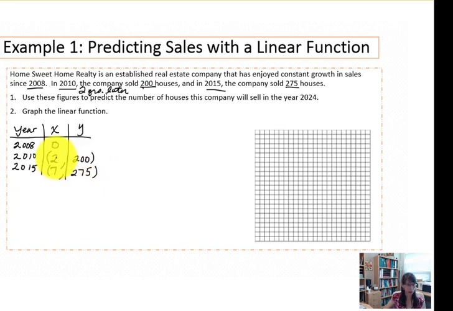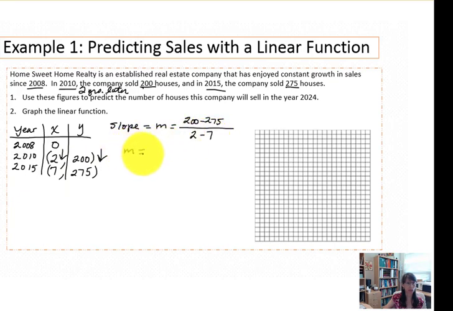So we're going to calculate our slope, and that is represented by our variable m. Change in y value is the numerator. So the y values, just working from top to bottom, would be 200 minus 275. Therefore, the x values will be subtracted in that same order, 2 minus 7.